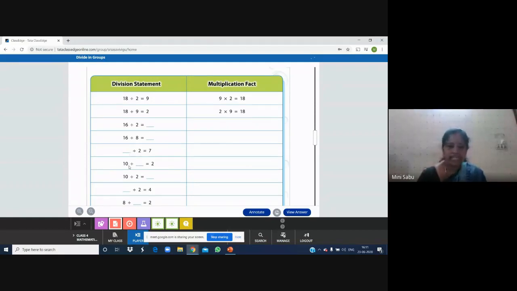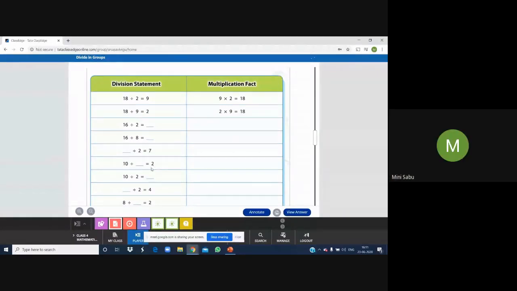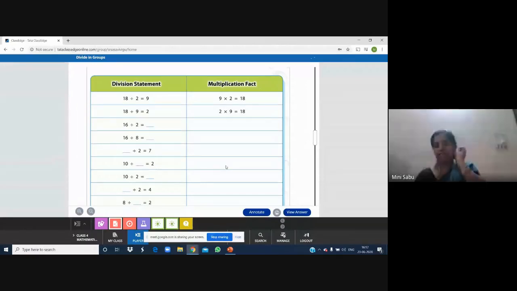Now next question. 10 divided by some number, you get the answer 2. In such cases, you have to say the table of 2 till you get 10. 2 5s are 10. Got it? And I know that you are able to write the multiplication fact by now.